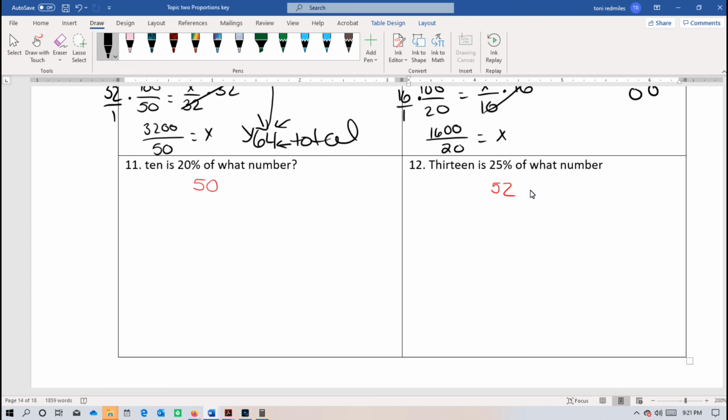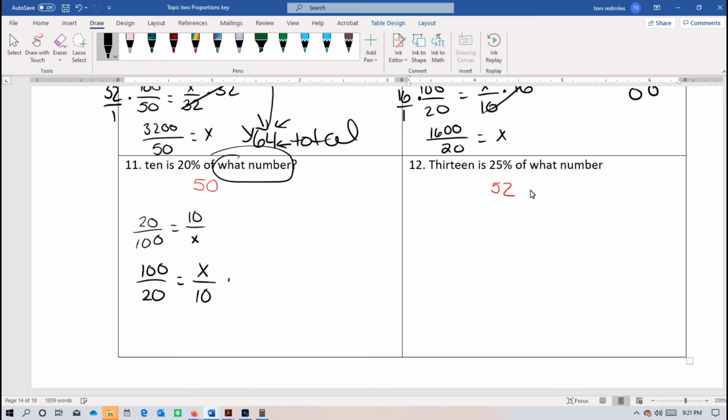So 10 is 20% of what number? Let's go ahead and do our ratio first. All right. 10 is 20% of the total, of the unknown, okay? So x is on the bottom again. Again, we have to just flip the idea.